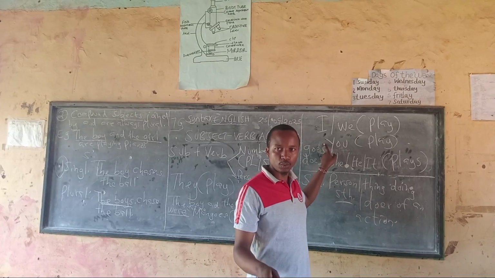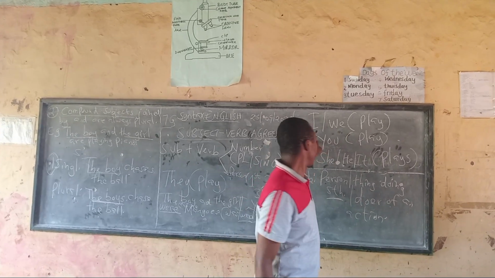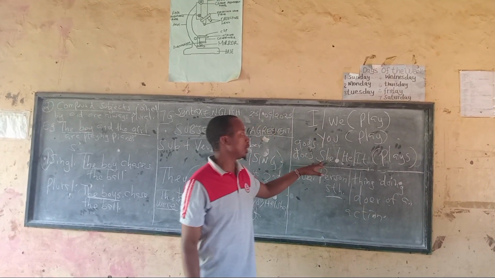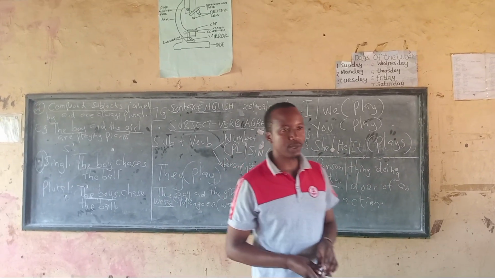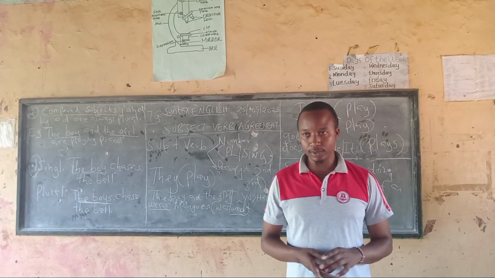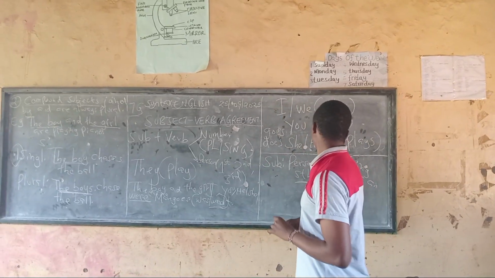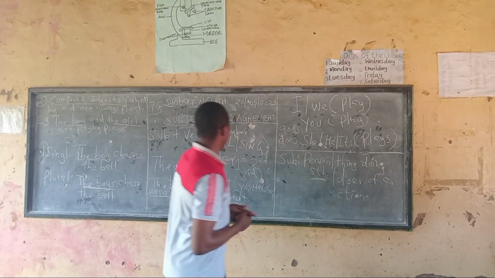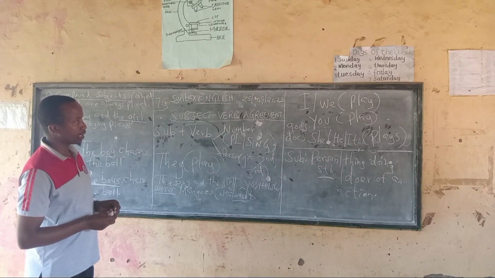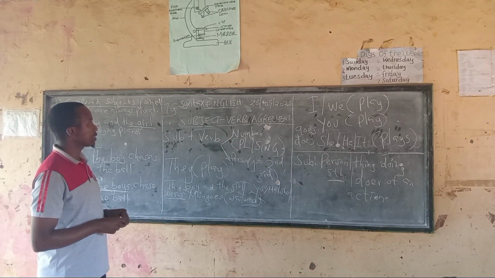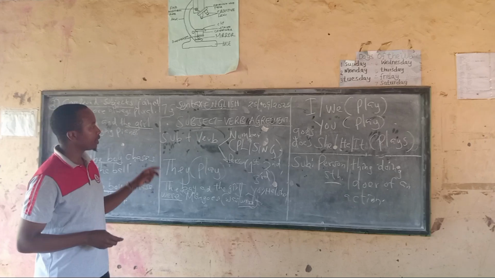You can mean one person or many people. And she, he, and it is third person singular. Are we together? Yes.